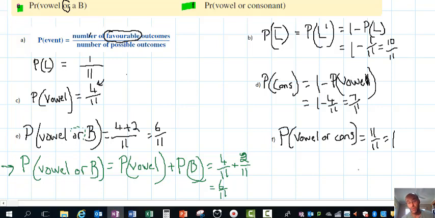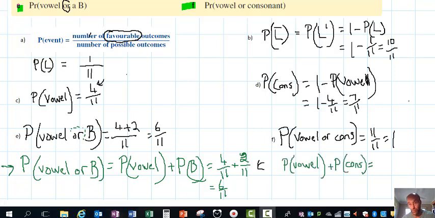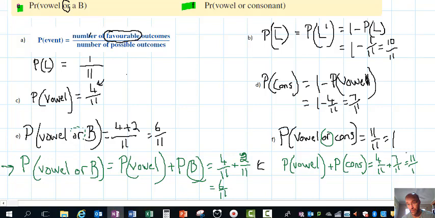You could also do it the same way as before: the probability of a vowel plus the probability of a consonant, because you can use addition with or, and we'll look at that more in a future video. Probability of a vowel is 4 on 11, probability of a consonant is 7 on 11, and 4 on 11 and 7 on 11 make 11 on 11, the same answer as above.